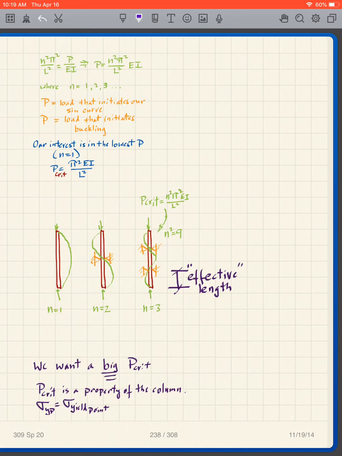N equals 3 gives us a shape that looks like that. Again, we need constraints to make it do that. It's not going to do it naturally. And we're going to introduce the concept, when we put in these constraints, of the effective length, so that when I put in those constraints, that would be the effective length there.